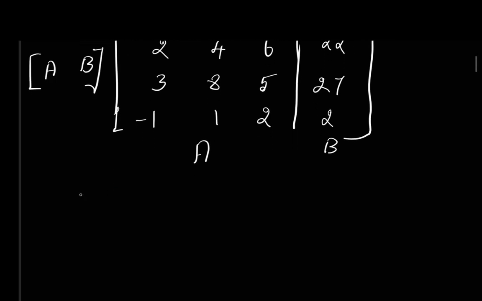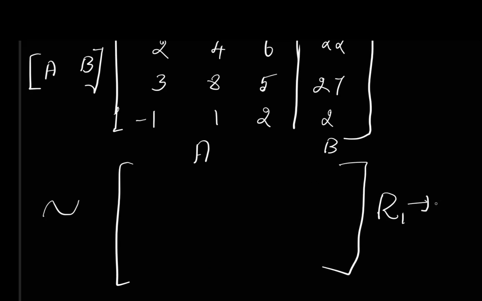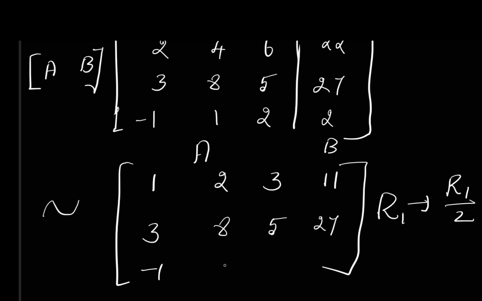In the first transformation, R1 becomes R1 divided by 2, so the whole row is divided by 2: 2 by 2 is 1, 4 by 2 is 2, 6 by 2 is 3, 22 by 2 is 11. Write the other rows: 3, 8, 5, 27; minus 1, 1, 2, 2.